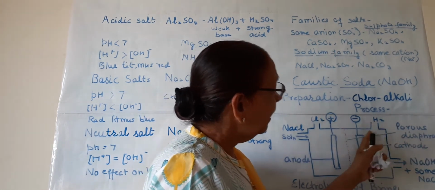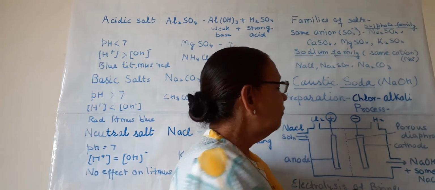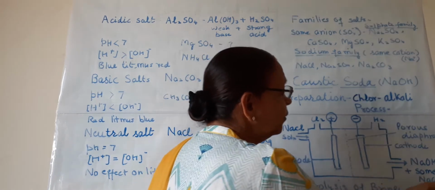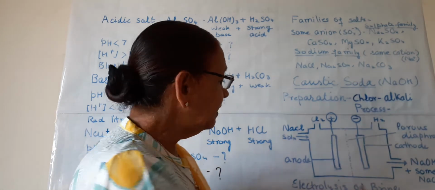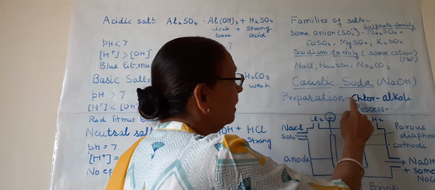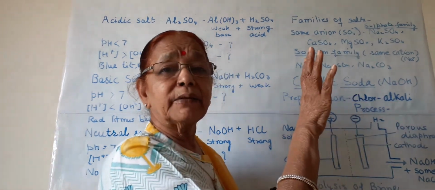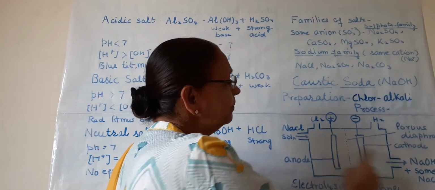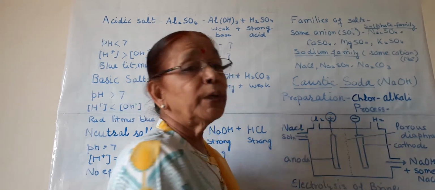On the cathode side only, this alkali NaOH is formed, and some unused NaCl also comes out with NaOH. In this way, by the electrolysis of brine, in this electrolytic cell combined with a battery and so on, a complete electrical circuit is made, and NaOH is formed, hydrogen is formed, and chlorine is formed.